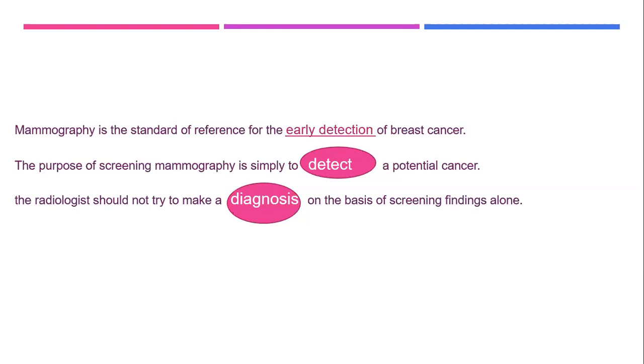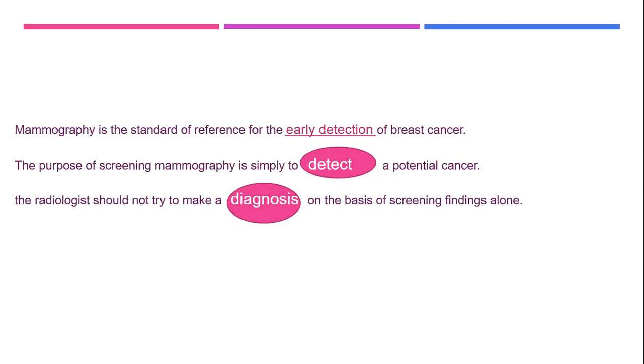Yes. Detection: to detect that there is an abnormality, but not necessarily whether this abnormality is cancer or not. Just to detect an abnormality.